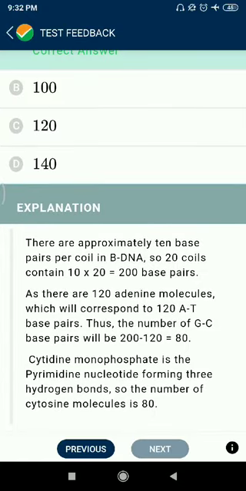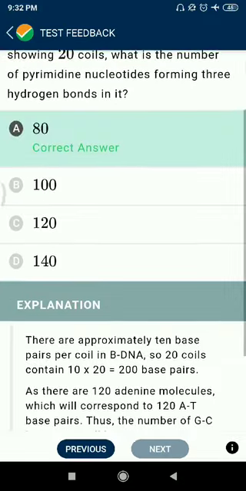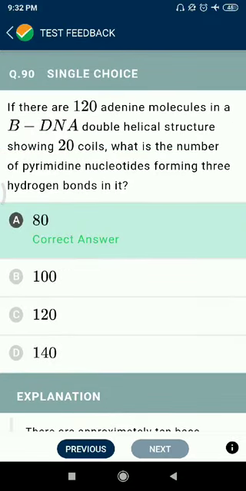Approximately base pairs only. B-DNA with 20 coils contains 10 pairs per coil, 10 into 20 equal to 200. Removing 120, the remaining is 80.